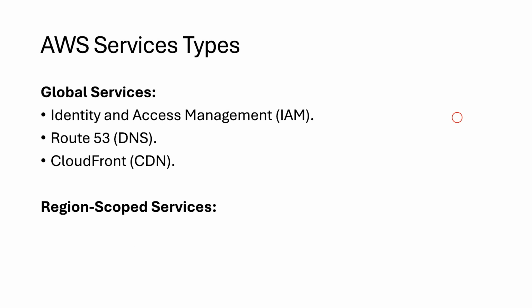And we have another type, that is region scoped services. These are mostly related to Amazon EC2, Lambda, Rekognition. These services are scoped to region. So in each and every region, the cost differs and the availability also differs. That wraps up our AWS Global Infrastructure and AWS service types.